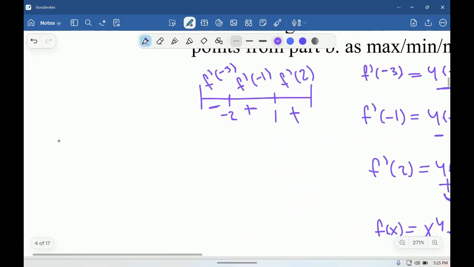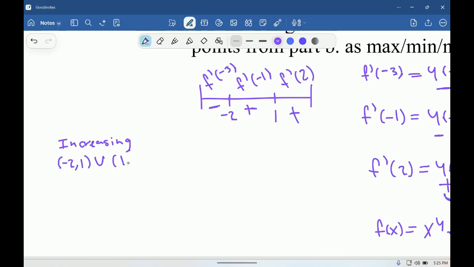So our intervals will be increasing based on our number line from -2 to 1, and then 1 to positive infinity, and then decreasing from negative infinity to -2.